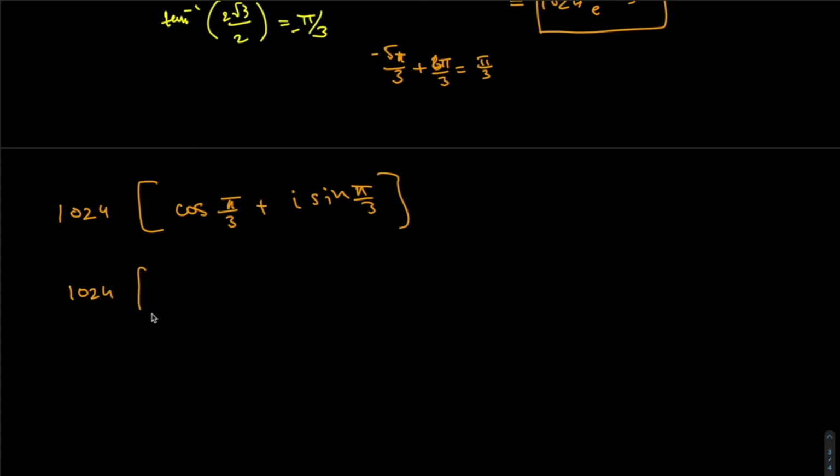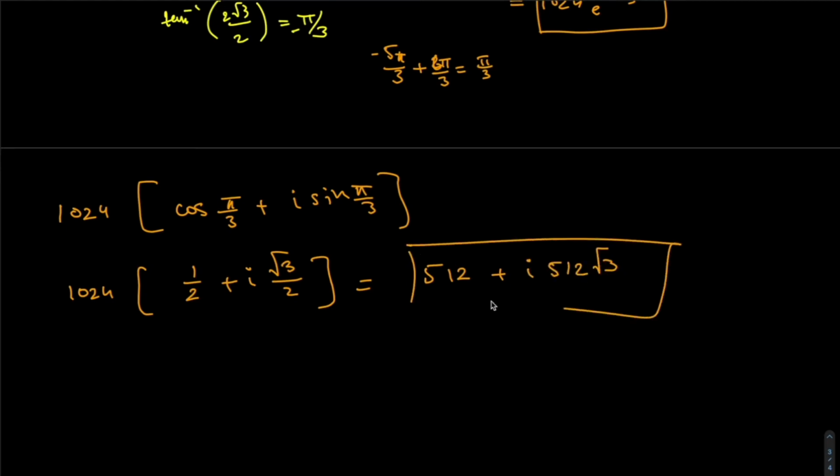So 1024 times half plus i times the square root of 3 by 2, because that's what sine pi by 3 is. Now I just have to evaluate this. I'm going to have 512 plus i times 512 root 3, and that is my final answer.